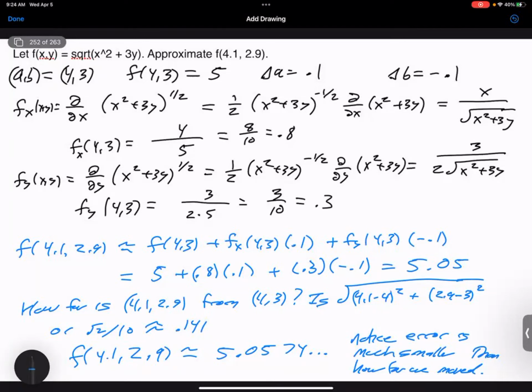The actual value is 5.0574. Nobody here, I think, wants to take the square root of 4.1 squared plus 3 times 2.9. That's what we're approximating. So the idea is that we can use multivariable calculus to approximate very painful functions quite well.